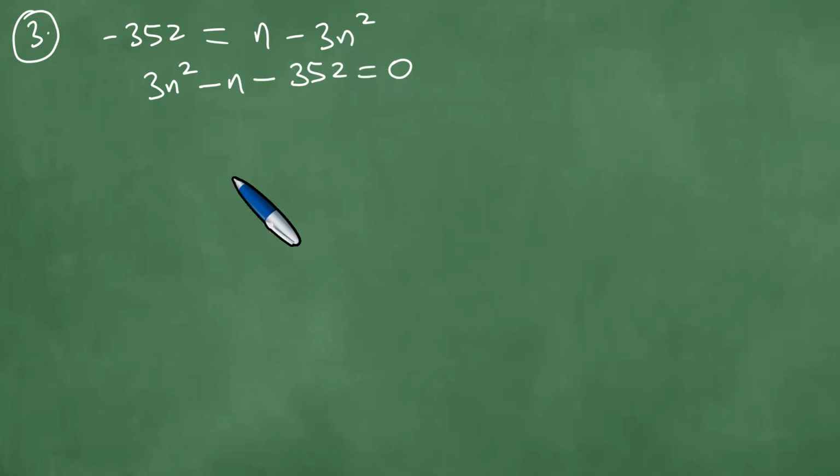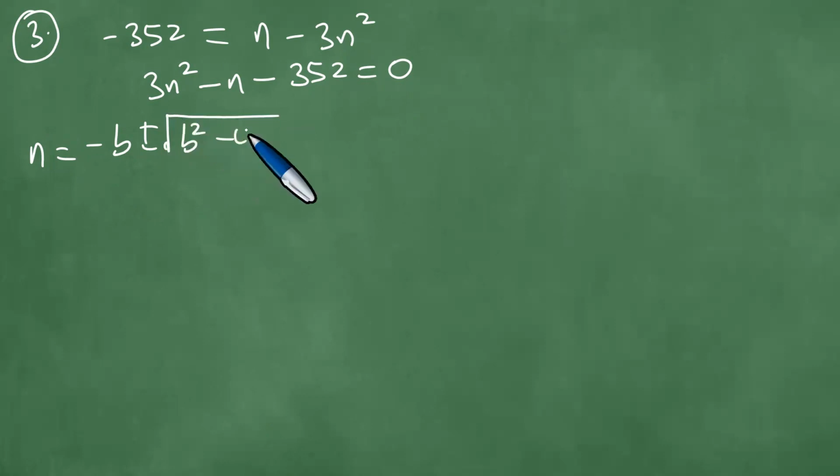So what is the result? Now we need to analyze this and solve for n. There are a couple of ways to do this, but one way is to use the quadratic formula. Minus b plus or minus the square root of b squared minus 4ac all over twice a.